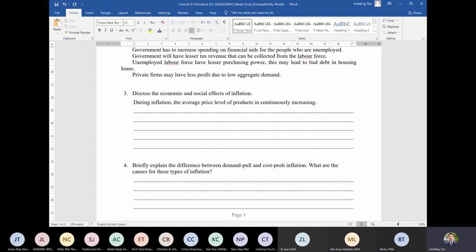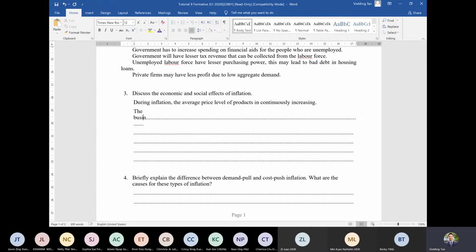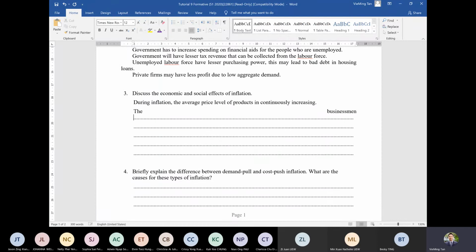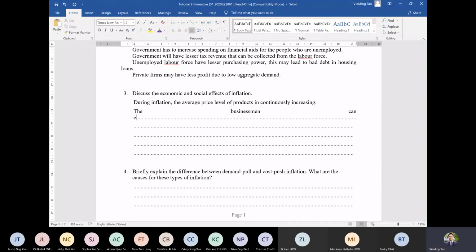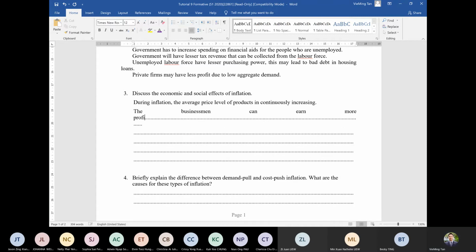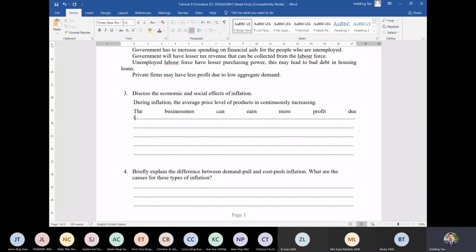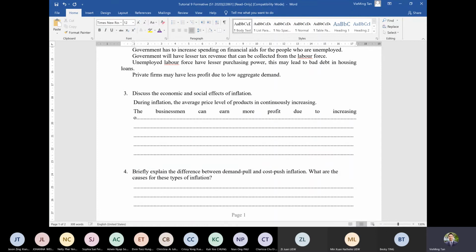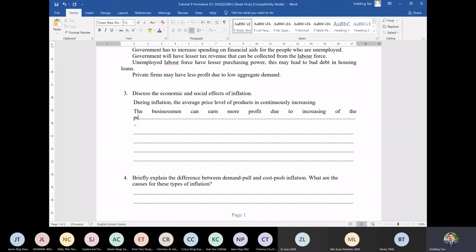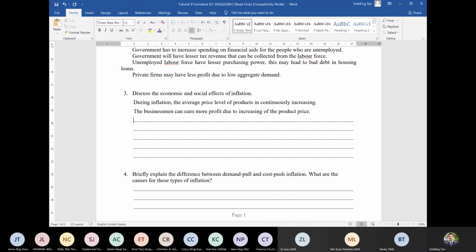So the first impact is that businessmen can earn more profits due to the increasing of the product price. Okay, so it's good for the businessman.